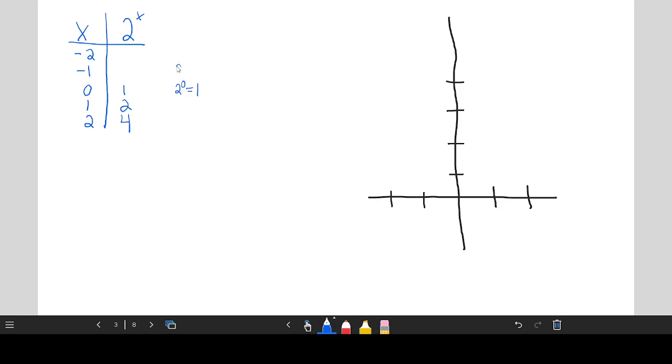And then 2 to the negative 1. A negative 1 exponent means we're taking the reciprocal of the base. So 2 to the negative 1 is just the reciprocal of 2, which is a half.